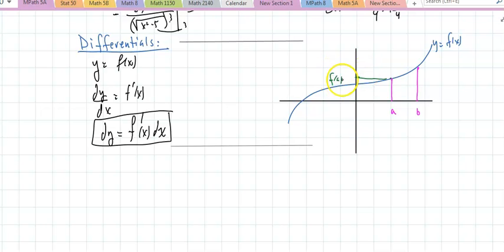This is f of A, and this is f of B. And if I want to find the change of y with respect to x, that is y2 minus y1 over x2 minus x1. Based on what I have over there, that's b minus a, and that is f of b minus f of a. What we want is this difference. What we're going to do, we're going to really draw a tangent at A.